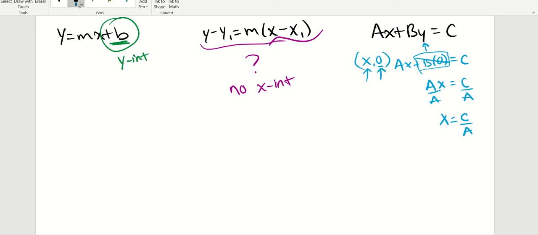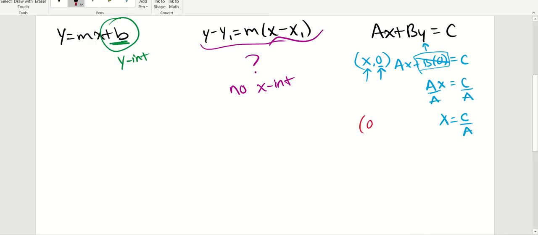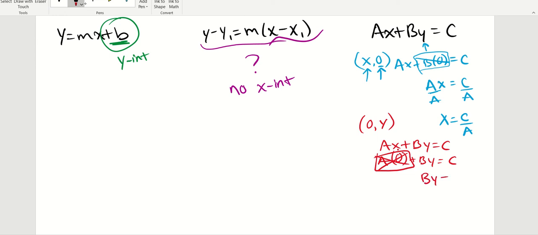For the y-intercept, it will be the opposite, to where you now have a 0 on the x. So when you write it in the standard form, you will put a 0 for the x. And then this part is what's going to cancel now. And you're left with by equals c.